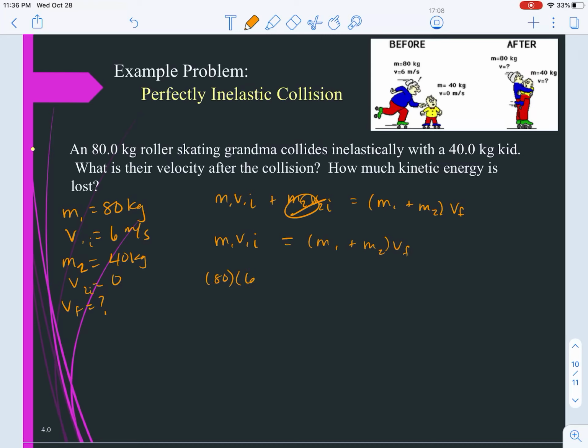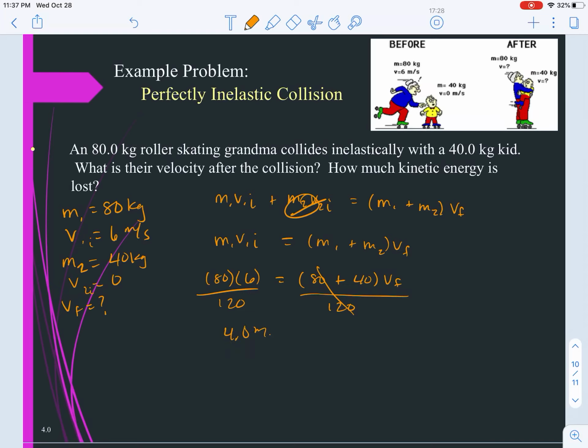So we're going to take 80 times 6, and we're going to set that equal to the sum of our masses. So we're dividing both sides by 120, okay?